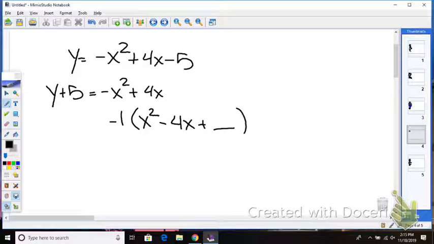And then I've got my plus blanks that I have to fill in. So when I factored out this negative 1, I'm just dividing both these by a negative 1, which is why the actual numbers didn't change, just the signs. Okay, you guys want to try this to the end? Sure. Okay, I'll start my work here in a minute so you can follow me.